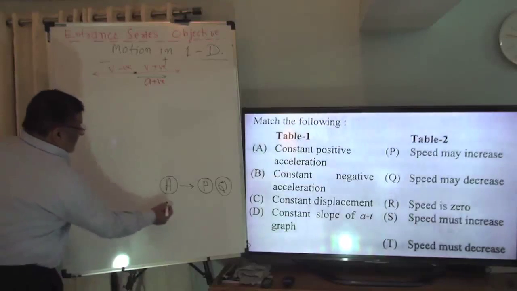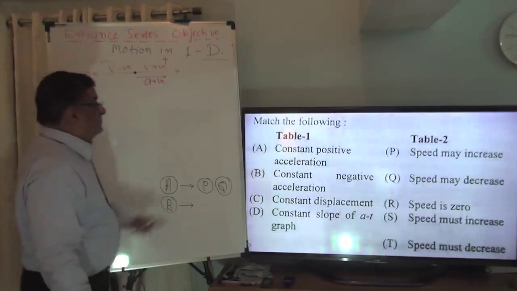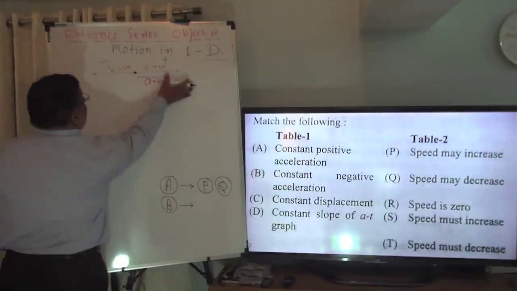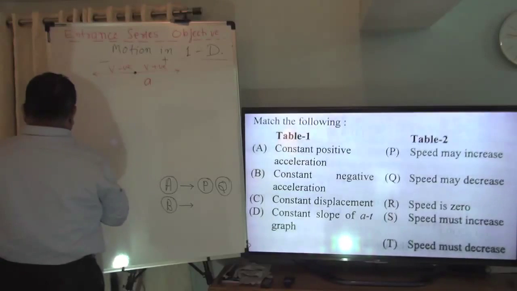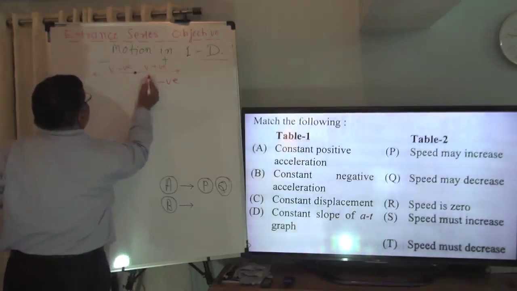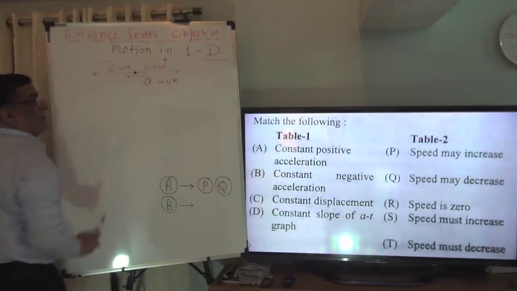Right? Then we consider what should be the answer for B. This is constant negative acceleration. Now, acceleration is negative. If acceleration is negative and it is in this direction, again, this speed will increase, this speed will decrease.